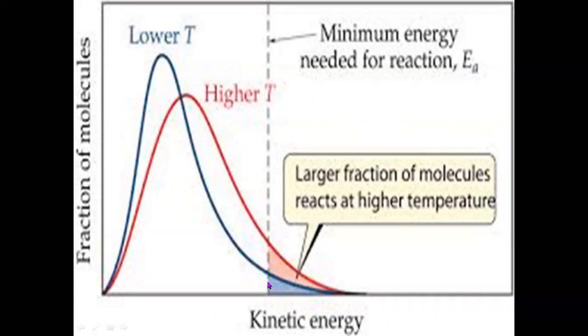And blue color represents the number of molecules having that much energy for lower temperature or T1 temperature. So in this way, we can understand as temperature increases, the area increases, means the number of molecules possessing EA will increase.